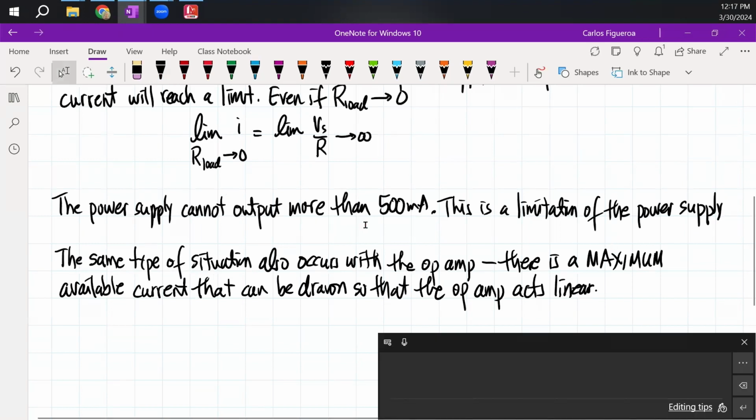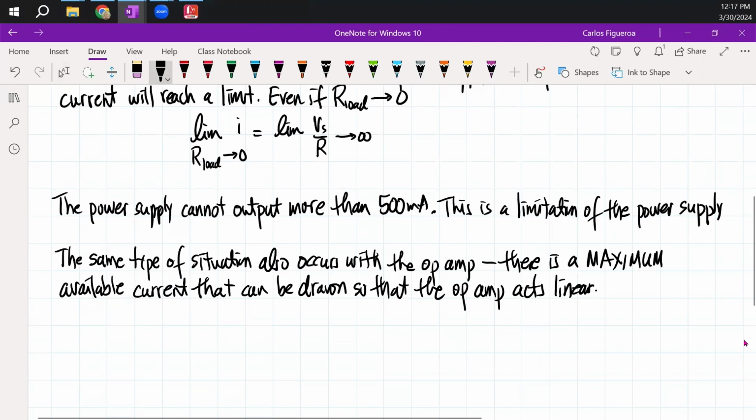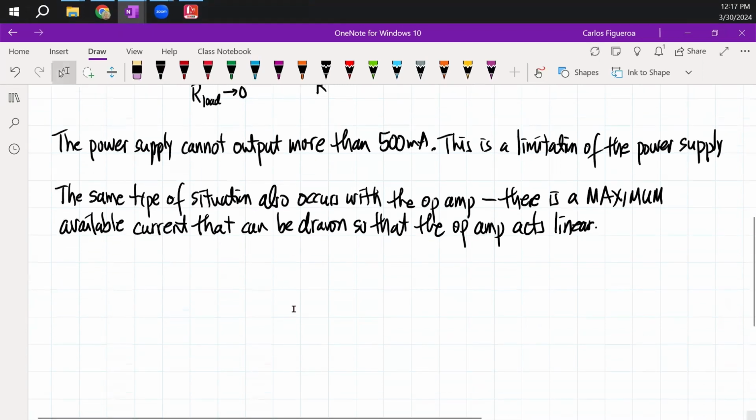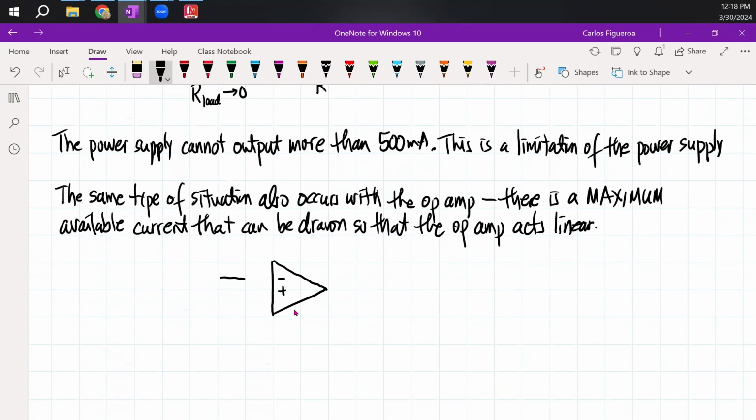So the way we typically draw this is the following. I'm looking at my inputs. This is going to be V1. This is going to be V2.